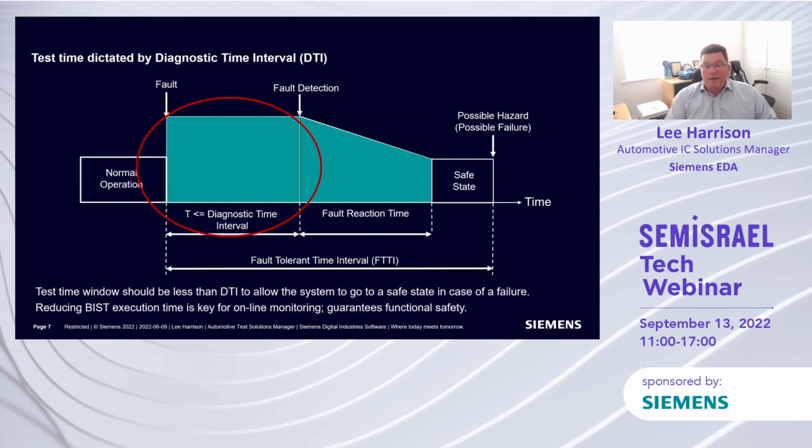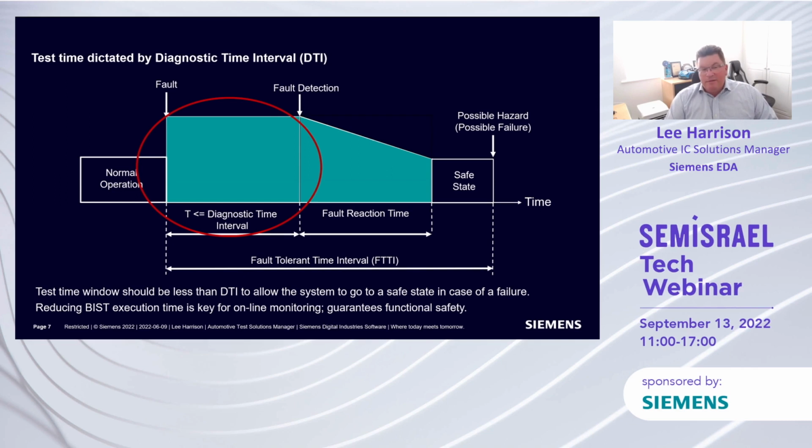So when you're using, for example, test technology, say logic BIST, within your automotive IC, this will essentially be the test time of the logic BIST. So we need to be able to detect the fault that has occurred within this diagnostics time interval. And this becomes more and more of a challenge over time as the devices are getting bigger and more complex. It's becoming more and more difficult to achieve that diagnostics time interval within the prescribed requirement.